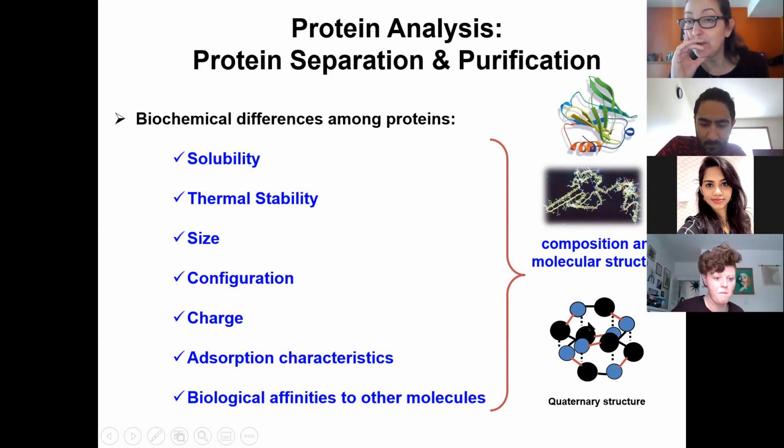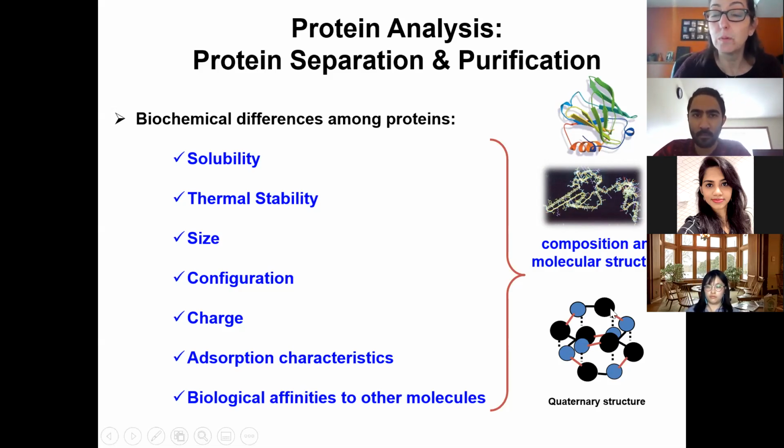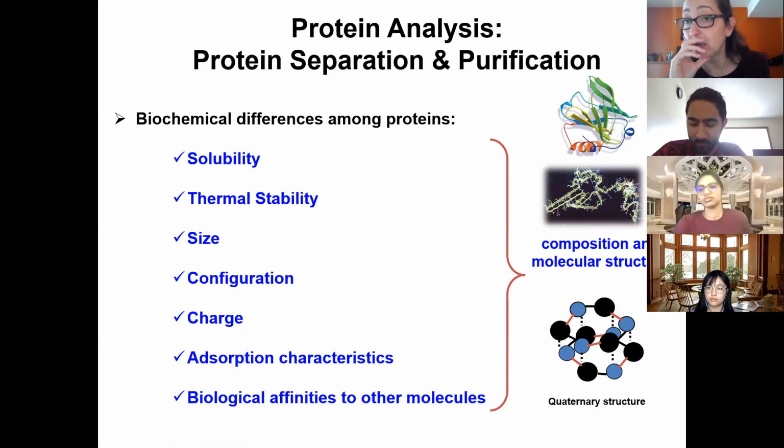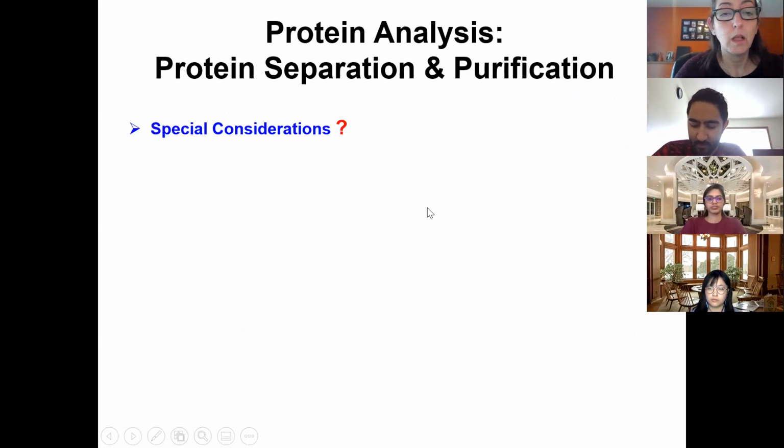Actually, this is a project that Holly will be working on for pea protein, trying to isolate particular subunits and looking at the impact of these specific subunits on the functionality. So we need to understand a lot about the biochemical properties so we can actually isolate these proteins.